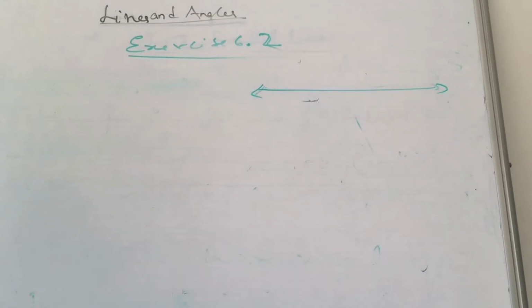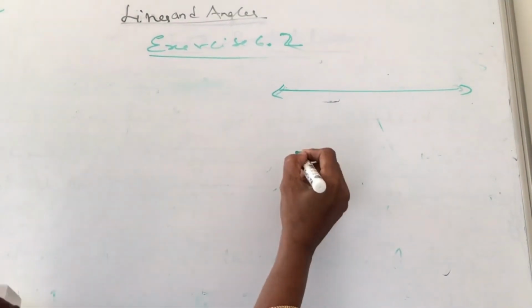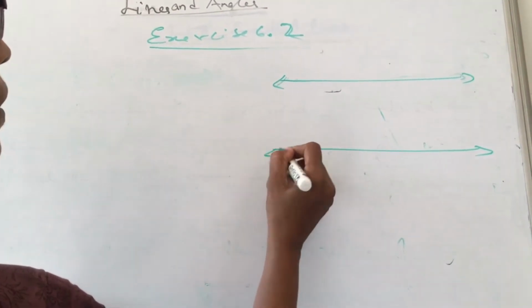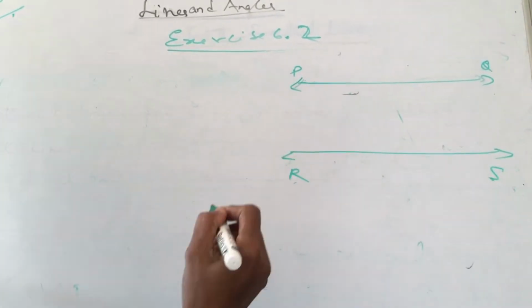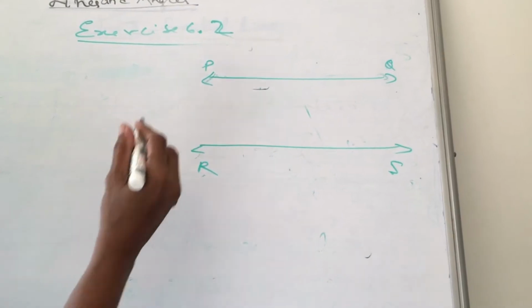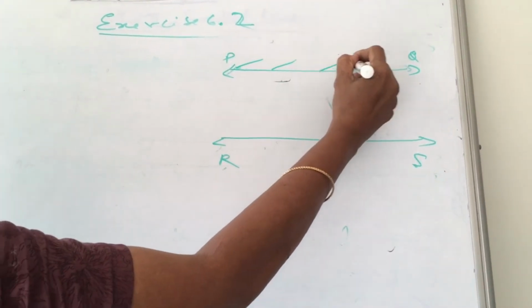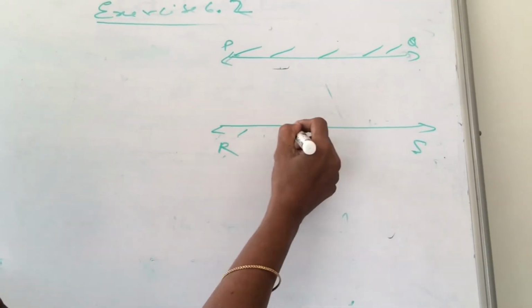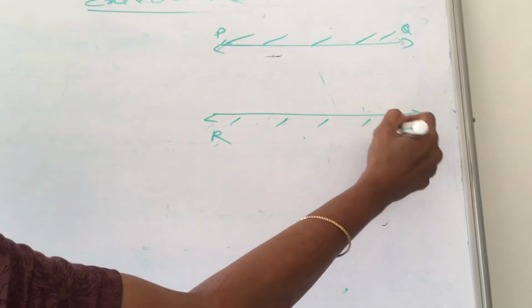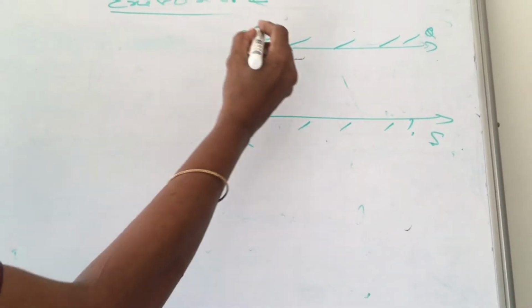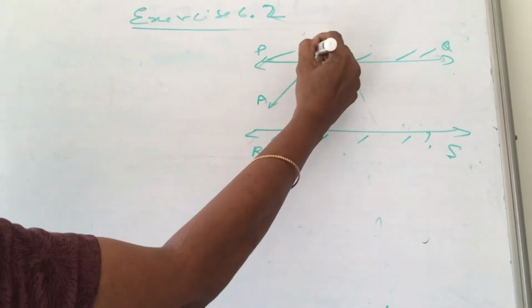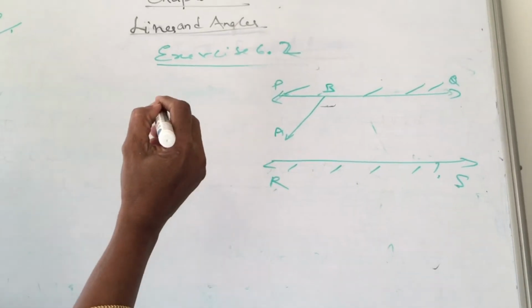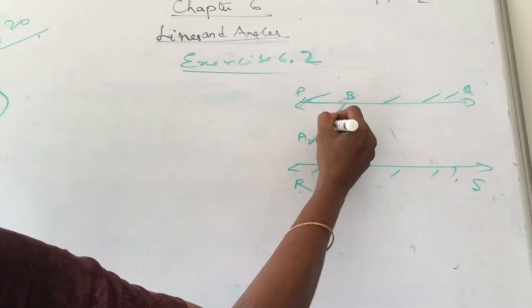PQ and RS are two mirrors parallel to each other. An incident ray AB strikes the mirror PQ at B.